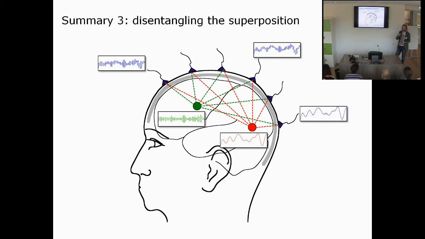So what we're trying to do with EEG and with MEG is also trying to get clean time courses at the location of interest. And source modeling helps us to interpret the location, but it also helps us to disentangle these time series. And disentangling these time series is important for connectivity analysis. So I think that those are the two aspects that you have to consider for doing source modeling.